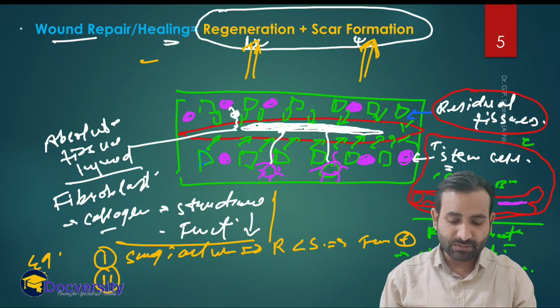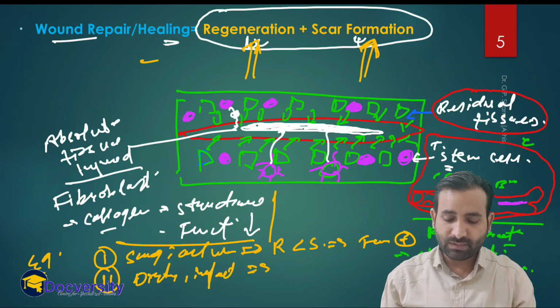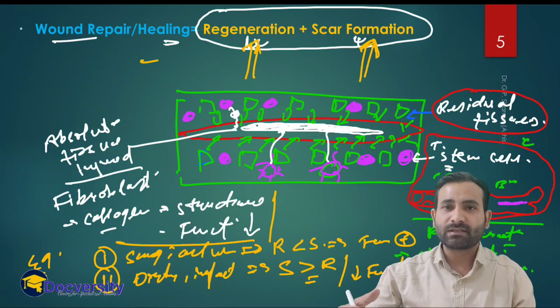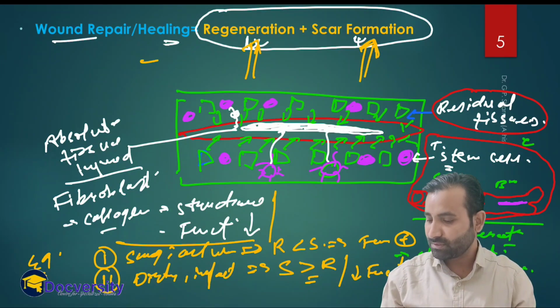But for the rest, if there are dirty or infected, unclean wounds, they will have more scar formation and less regeneration, so that they will have less function. Functionally they will be less potent. Hope you understand, right?